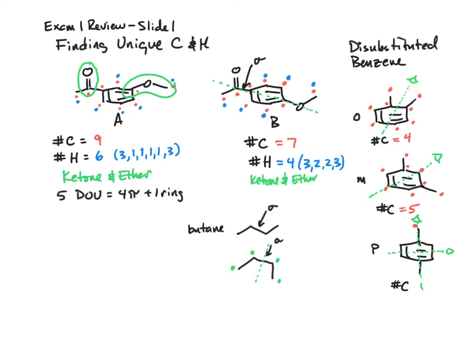If you look, the methyl groups are the same. You go down, those are the same, so that's the second set. Now you go out, this is the same as that, but if you do it the other way as well, that's the same as that, and then those end up being equivalent. So it's 3.